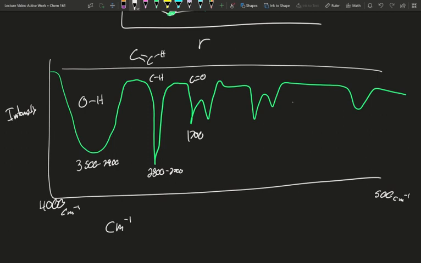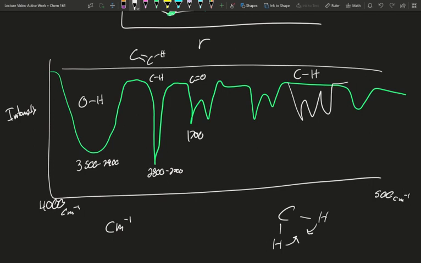There's also what's called the fingerprint region down here, where there tend to be a lot of CH vibrations that aren't the straight out and straight in. If you have a carbon and it has multiple hydrogens, well, these hydrogens can vibrate towards each other. So imagine holding your arms straight out to the sides and bringing them to the front, and then back to the sides, and then to the front.